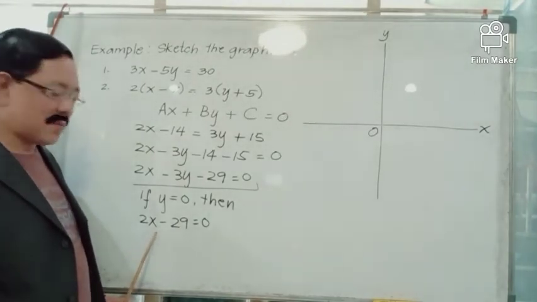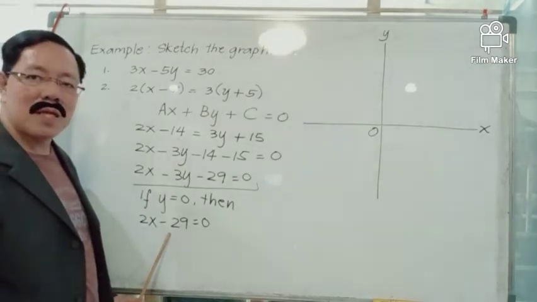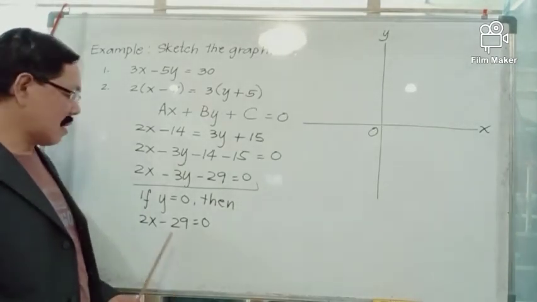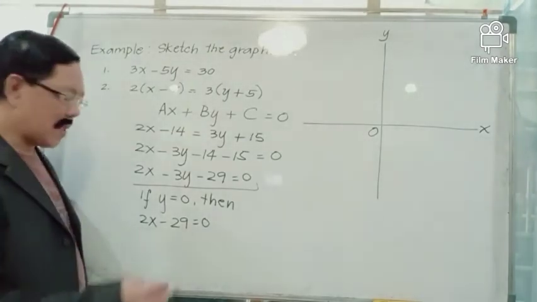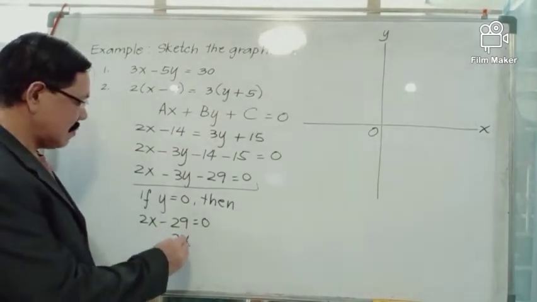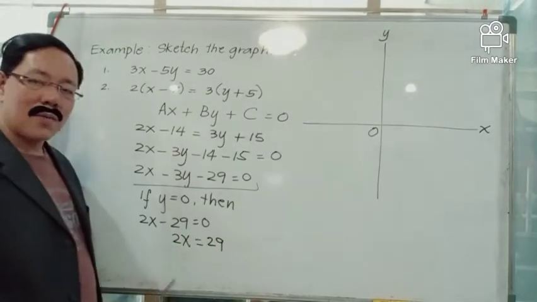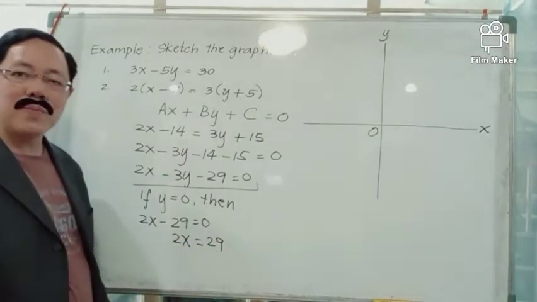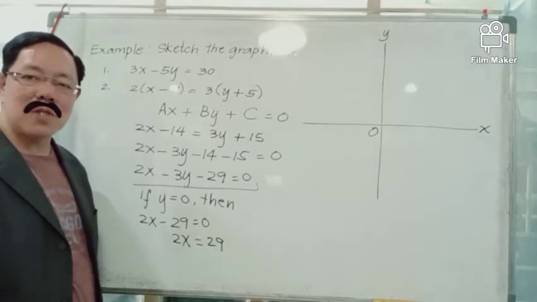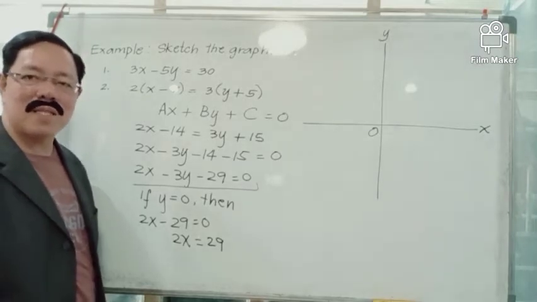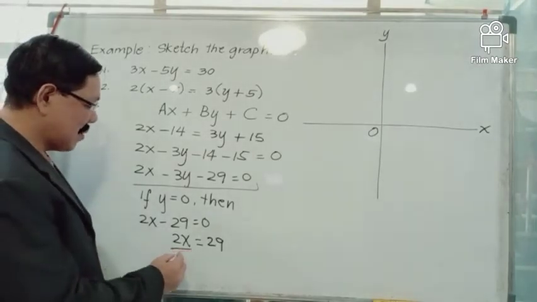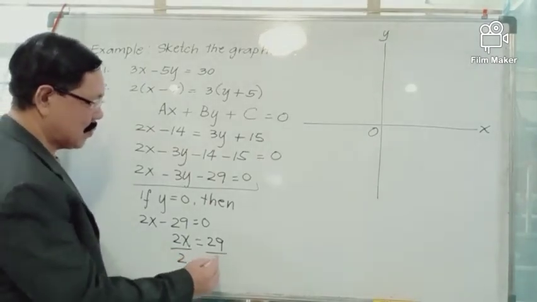We solve for x from this equation. We transpose negative 29 to the right hand side. We get 2x from the left equals 29. And we divide both sides by 2 because in the final solution the coefficient of x must be positive 1. Thus we divide both sides of the equation by 2.